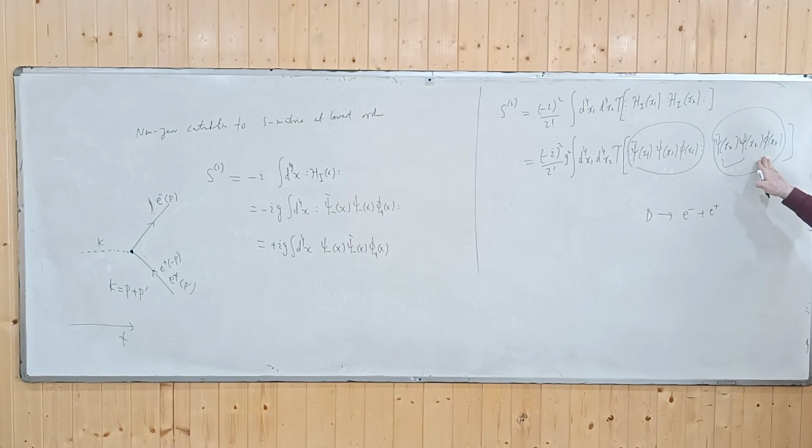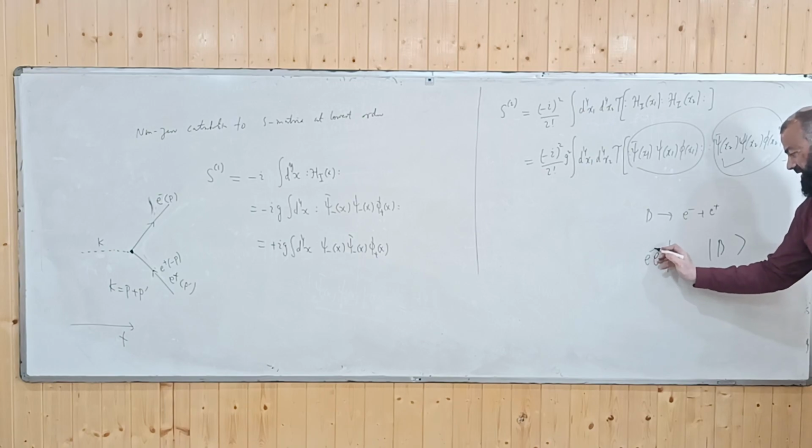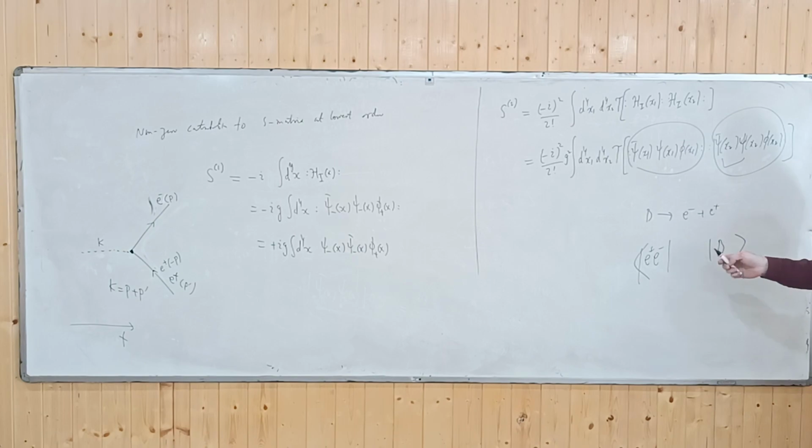So when you take the expectation value between this B state and this electron positron state, you will have one additional field. That will create one additional particle, and that's not there. So this will not describe your process. This does not give any correction to the S matrix. Clear?